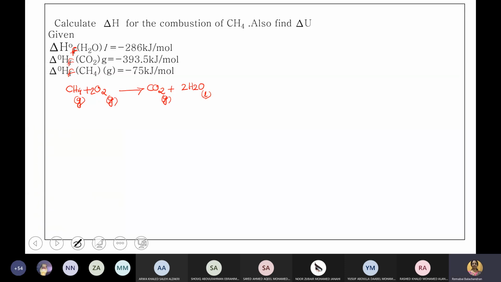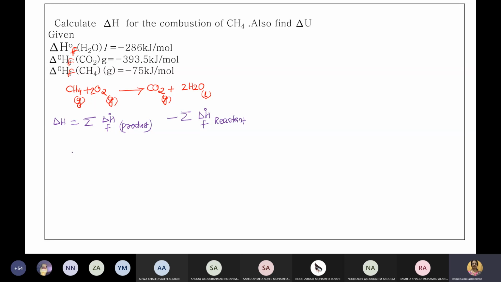So now tell me the formula. Delta H is equal to sigma of delta H formation, enthalpy of formation of products, minus sigma enthalpy of formation of reactants.